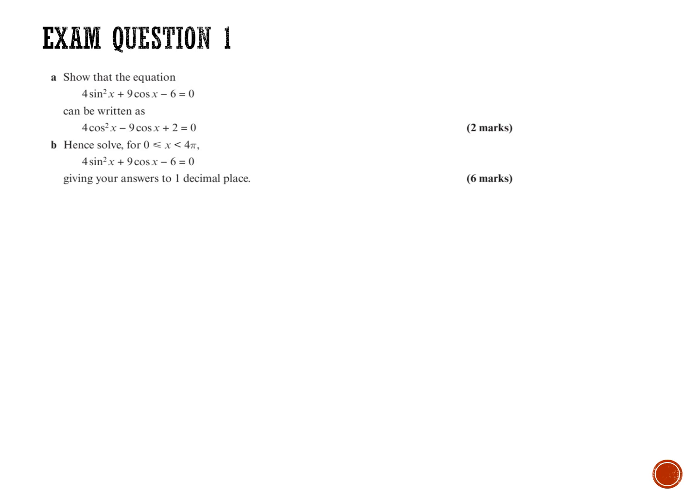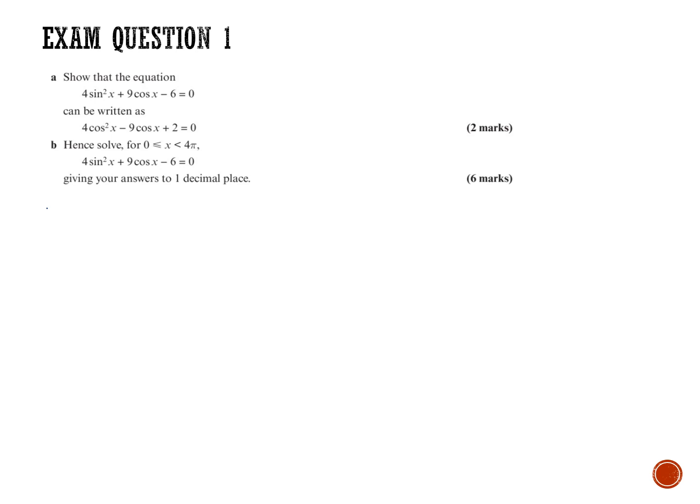Okay, so here's our question number 1. Okay, so you want to pause the video here and just write that one down. Okay, so whenever you're looking at an exam question, have a look at how many marks it's worth, how it's broken down. The first part is a show that.